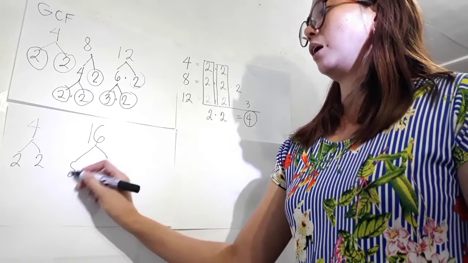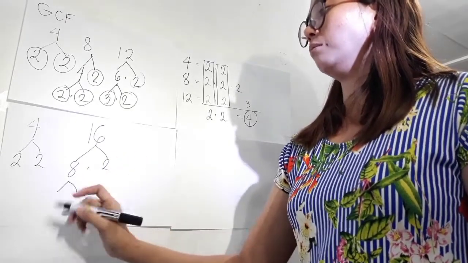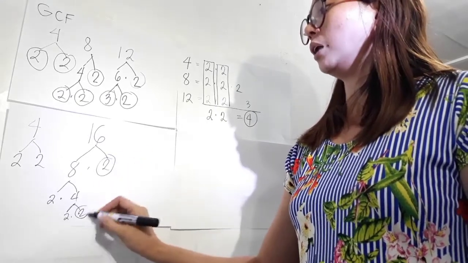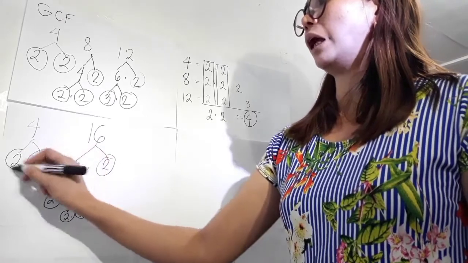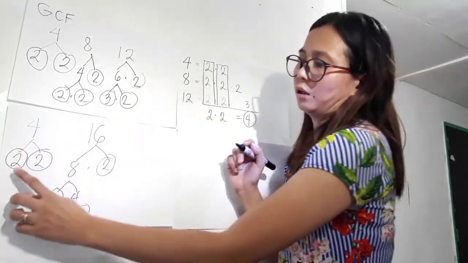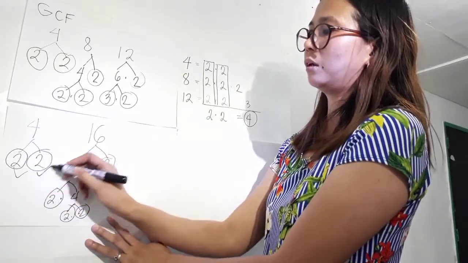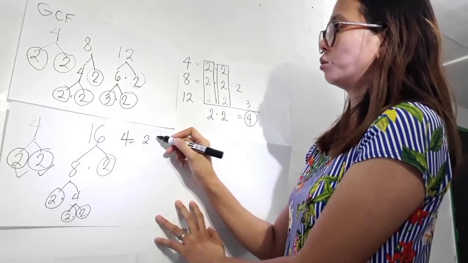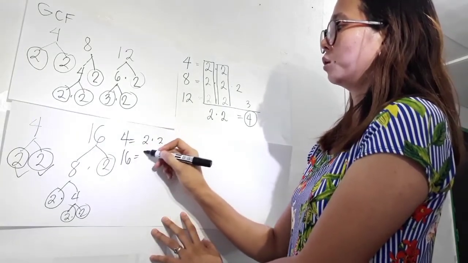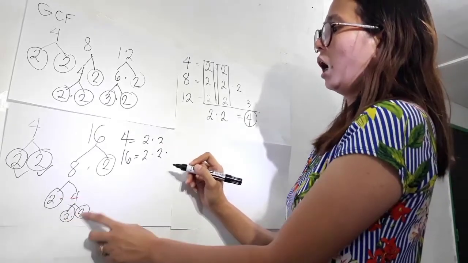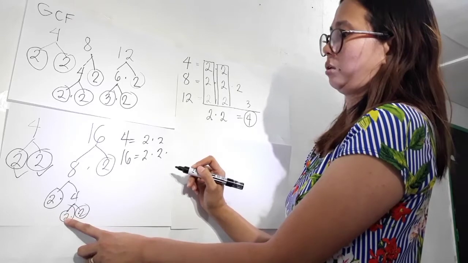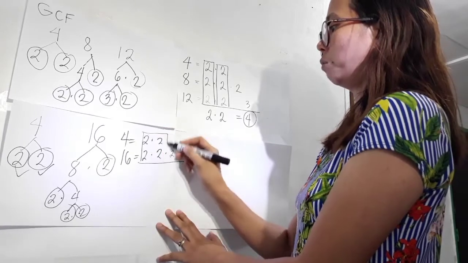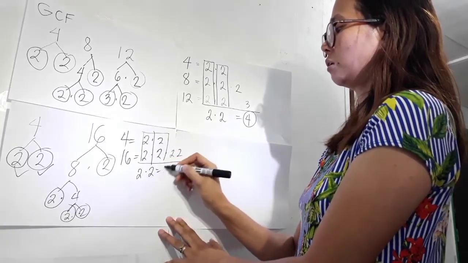For 16, we have 2 times 8, or 4 times 4, and each 4 is 2 times 2. So 4 is equal to 2 times 2, and 16 is 2 times 2 times 2 times 2. There are four 2's: 1, 2, 3, 4. You align it for you to get the common factors. So 2 times 2 is 4.